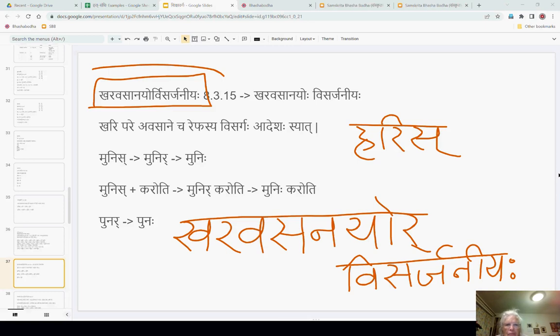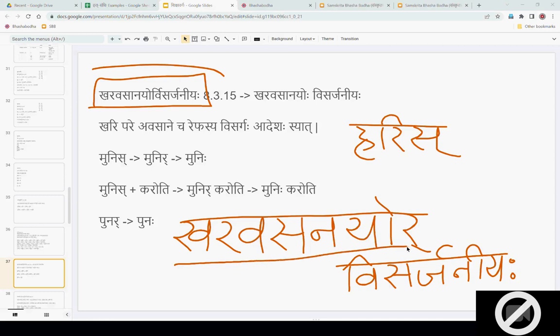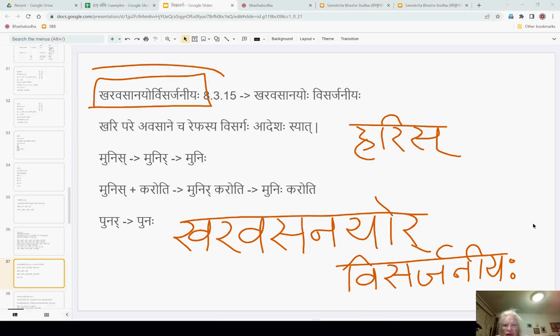So this one you can pronounce like this: Kharavasanayor visarjaniyah. Together it is written like this: Kharavasanayor visarjaniyah.